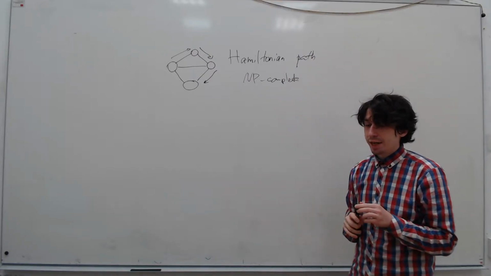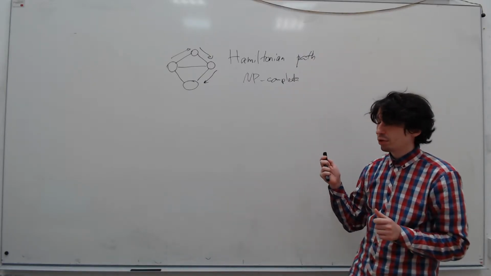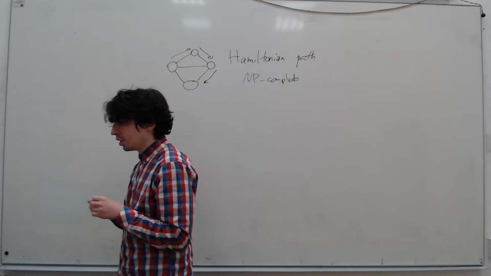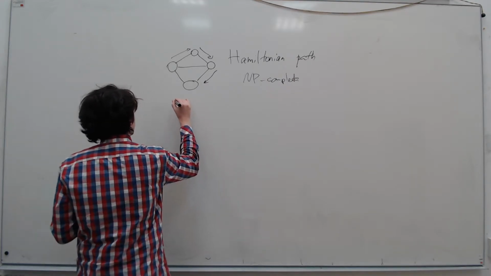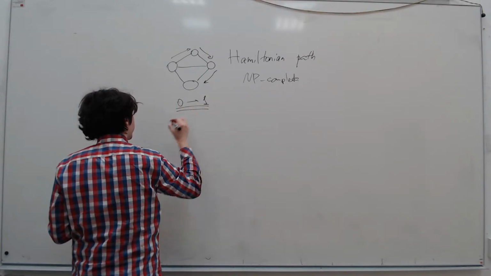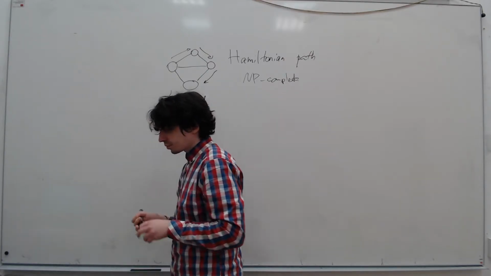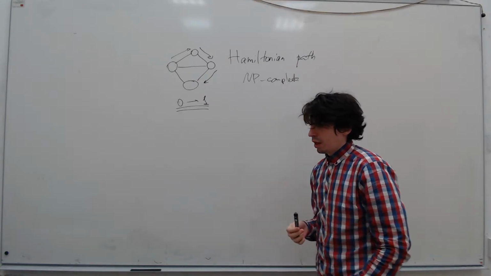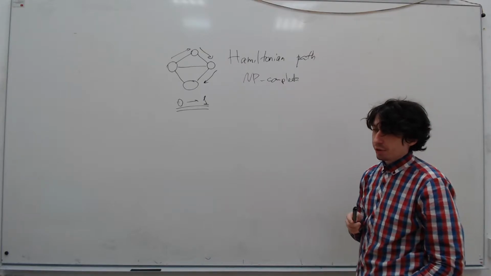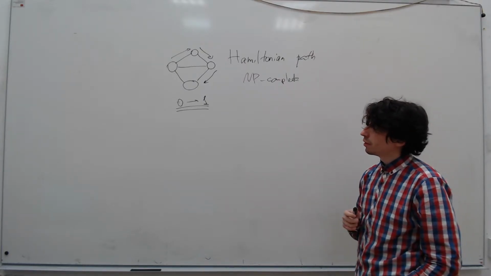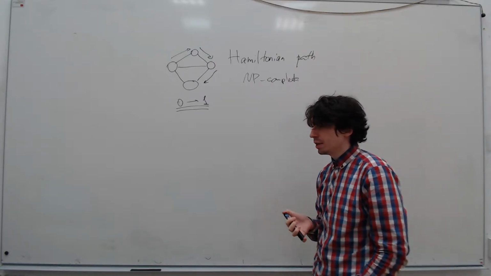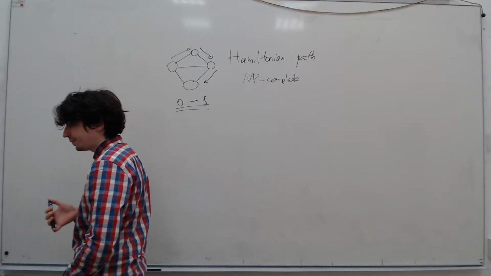Do you have any ideas on how to solve the problem with the Hamiltonian path? We have to find the Hamiltonian path from vertex 0 to vertex 1, whether such a Hamiltonian path exists in the graph, using dynamic programming on masks.